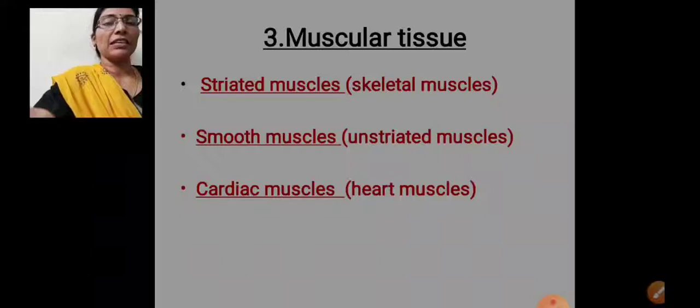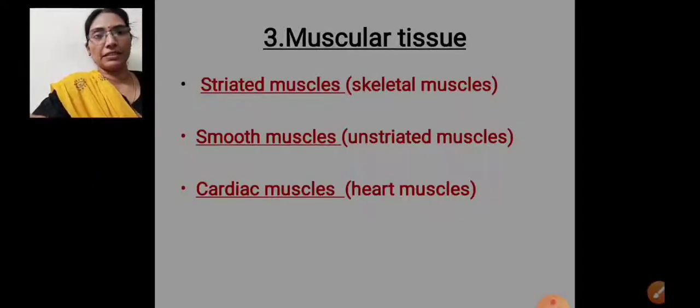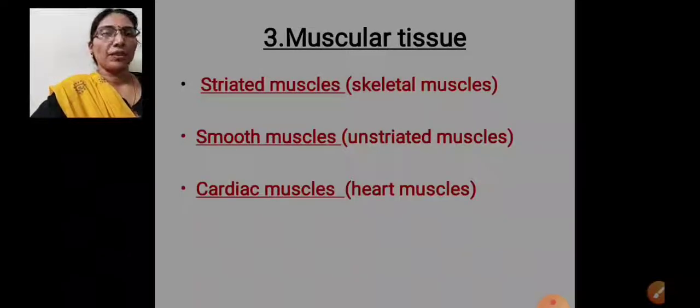They have contractile protein in them, that is why they can move. The muscles are attached to the bones, so they help our body to move. So muscular tissue always helps for the movement of the body parts. The main role of muscular tissue is movement in our body.